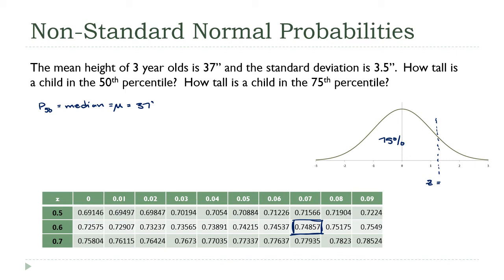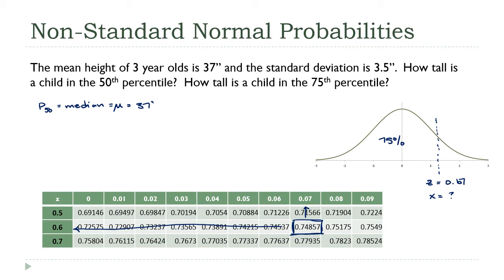So what's the z-score for this? I'm going to go over to the left, and I get 0.6. I'm going to go up, and I get 0.07. So this is 0.67. All right, great. Now I need to find the data value that corresponds to this. Now I'm going to go to my z-score formula.